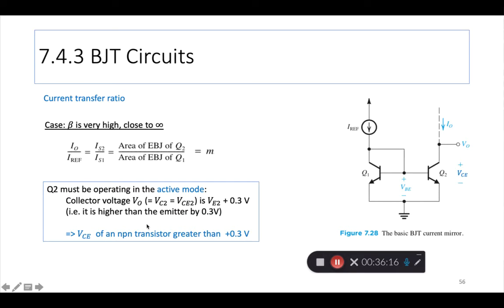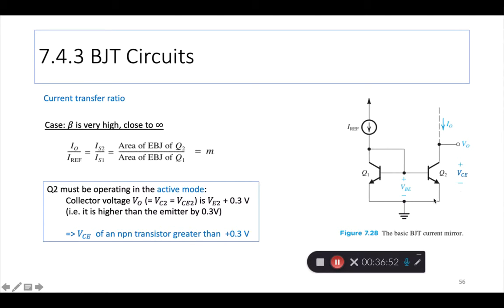Now, one other important condition before we leave. Remember the saturation condition, the condition that a MOS transistor has to operate in saturation. The equivalent condition for BJTs is that the transistor, the NPN or PNP transistor, has to operate in the active mode, right? Saturation there means active here. So the collector voltage V output here, which is the VCE, has to be V emitter plus 0.3, right?